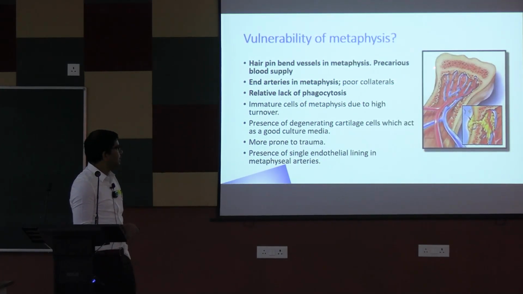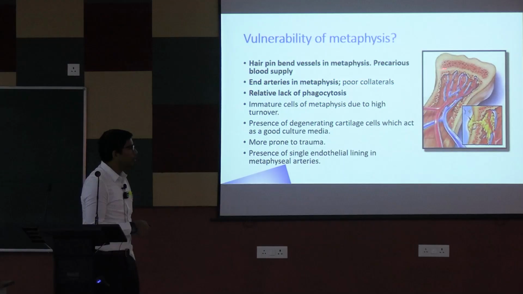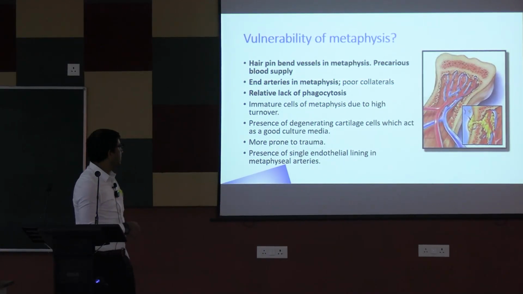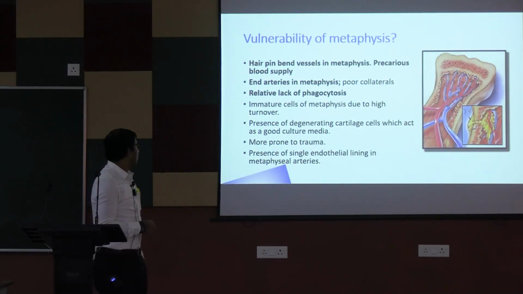And also this is the physis, the growing part of the bone. The bone turnover is high, and immature cells and degenerative cartilage cells populate this region. Because of this high turnover rate, this area is prone to infectious bacterial seeding.